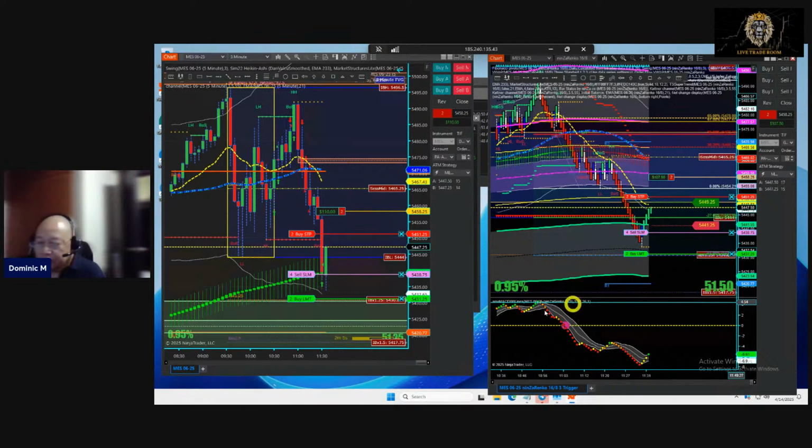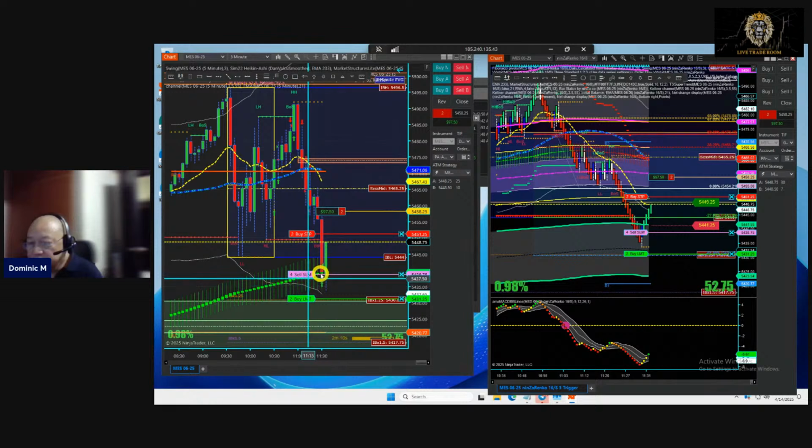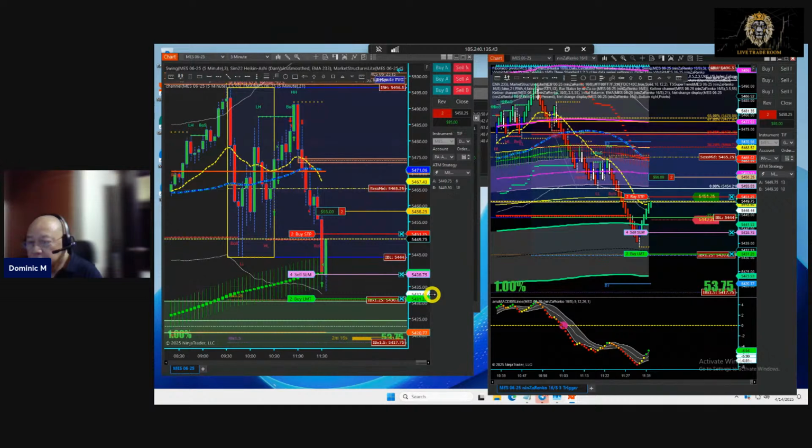Well, actually, I'll even look at the 5 minute bouncing off the 233 there. See that right there? It's my trailing stop. That's why I'm still in profit.